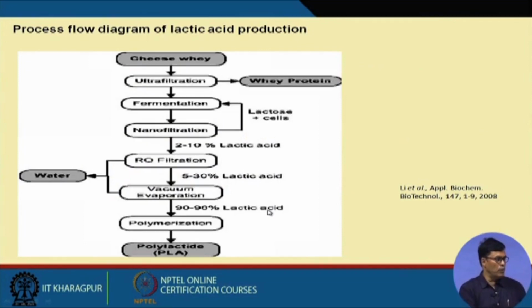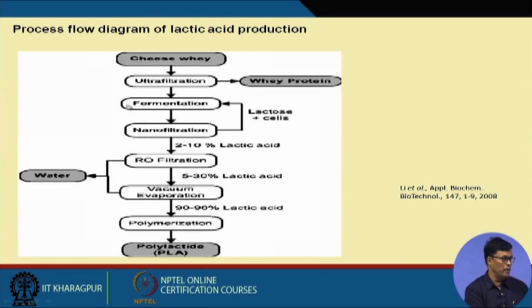Now, this is the flow diagram of the process. We take the cheese whey; we can take whey from other sources also. Then we do the ultrafiltration; the whey proteins we take out, or maybe you heat it, then the protein will precipitate out, and you can take out the whey protein through ultrafiltration.